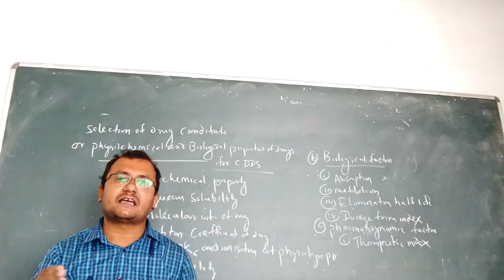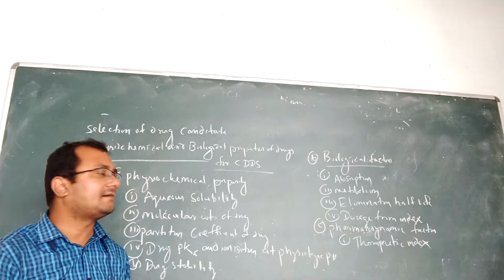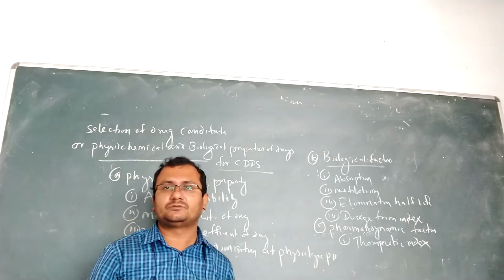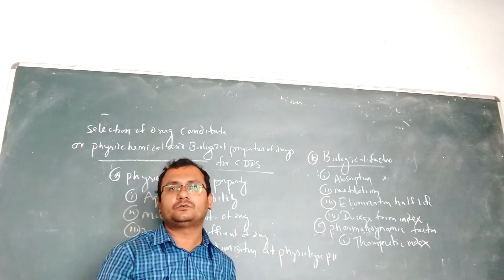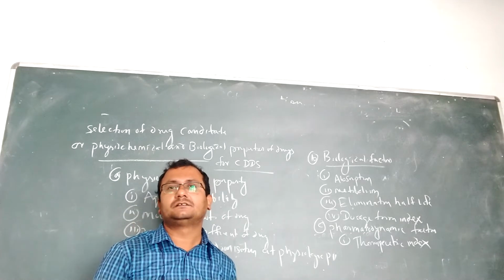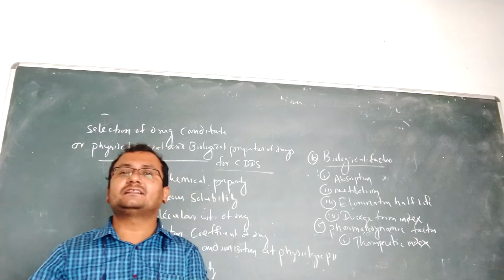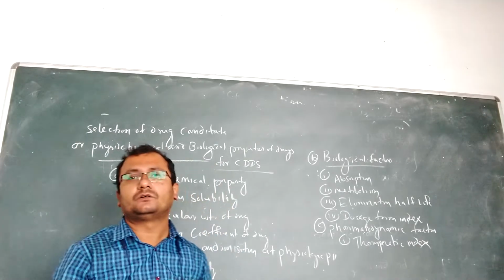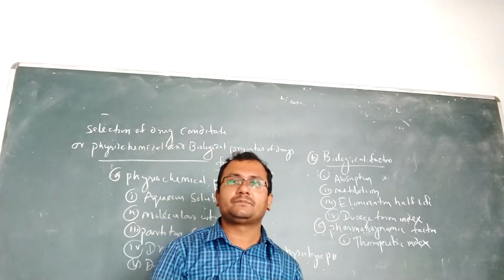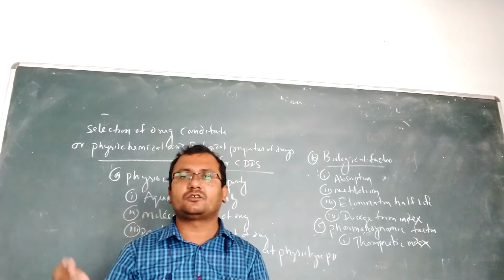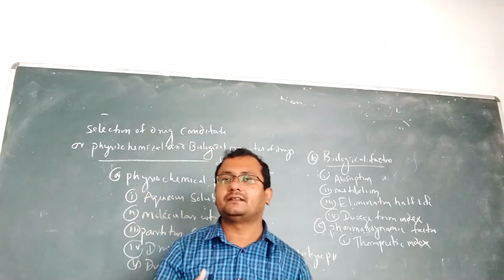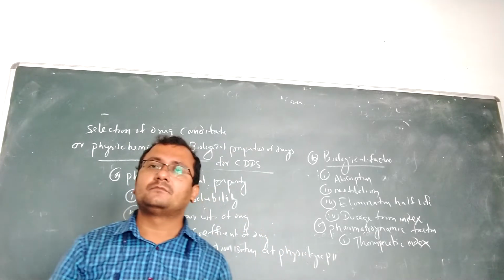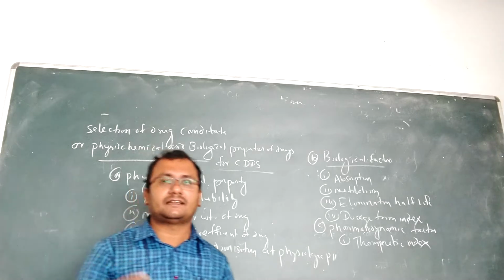If a drug has a very short half-life, less than 2 hours, then it is not suitable, because we need a high dose for that. If it is more than 6 hours, then also we should not choose it, because automatically it will stay more time in the body and give a prolonged therapeutic effect.